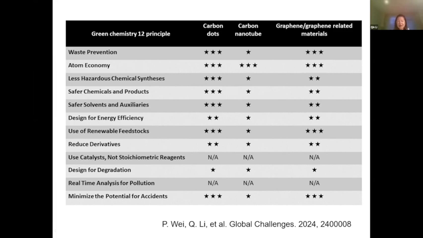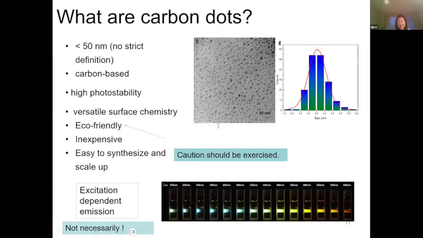So what are carbon quantum dots? The carbon quantum dots are tiny little particles, usually smaller than 10 nanometers. The scale bar here is 10 nanometers. As you can see from this size distribution, for this sample the mean size is about 3.5 nanometers.